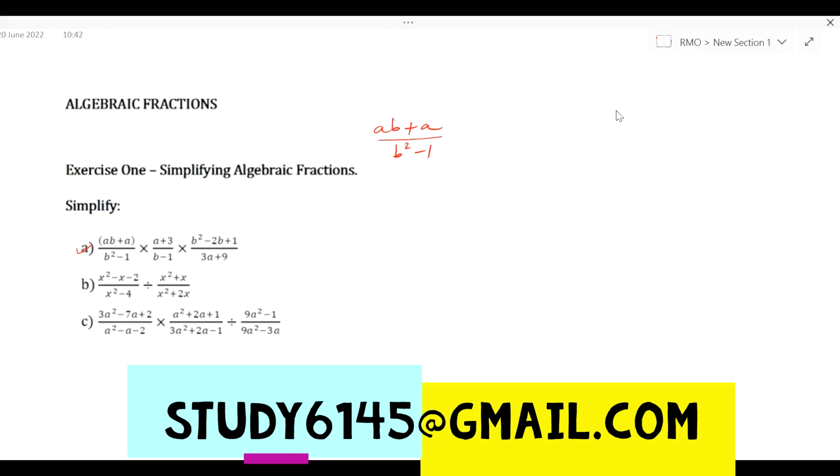So now can you help me out? What would be the simplest way to solve this? We can write it as a brackets b plus 1. Okay, and in the denominator, we can write it as... I think there's a rule for this.